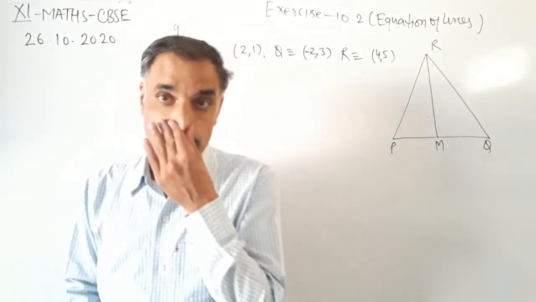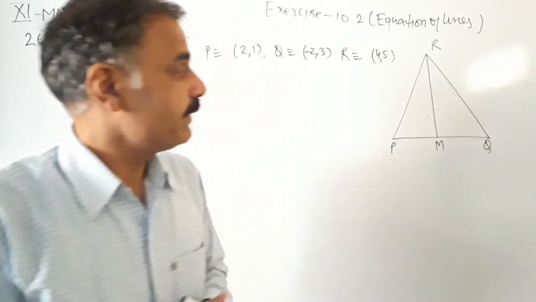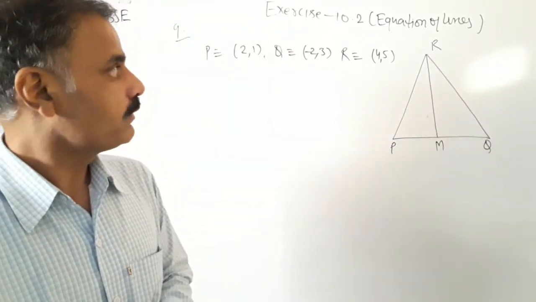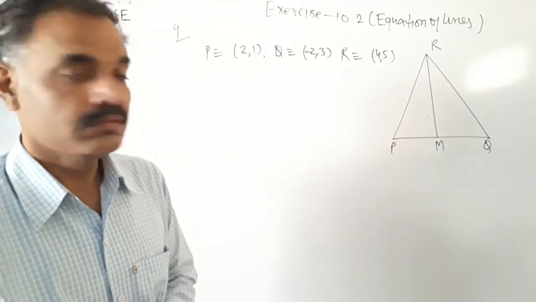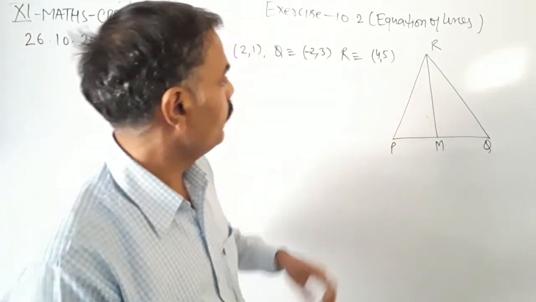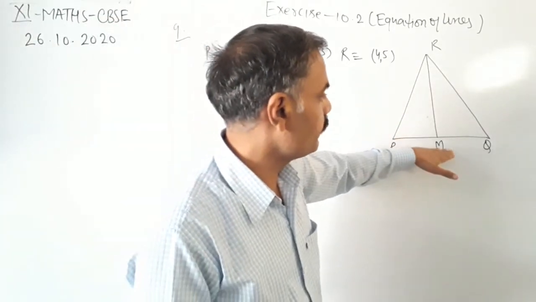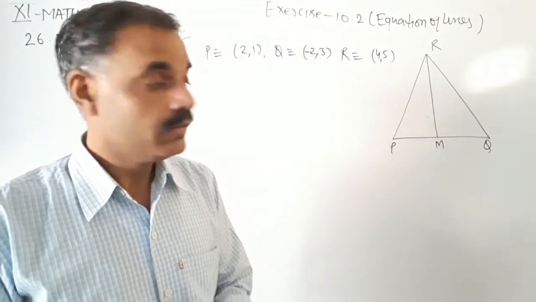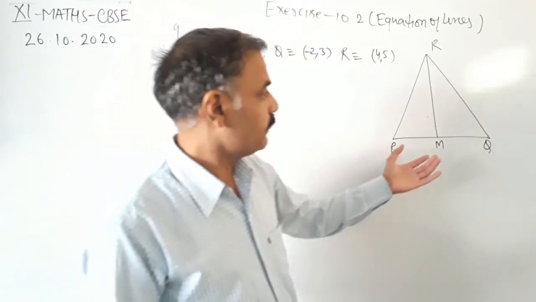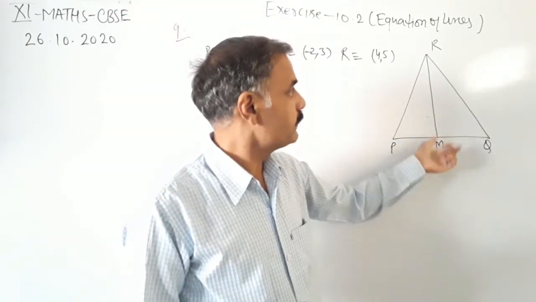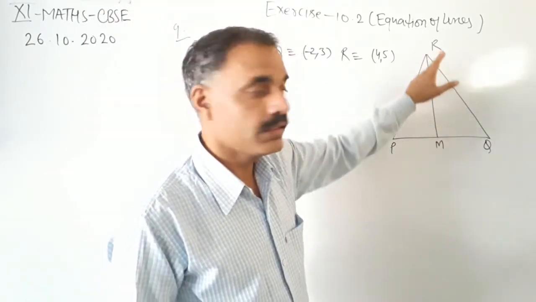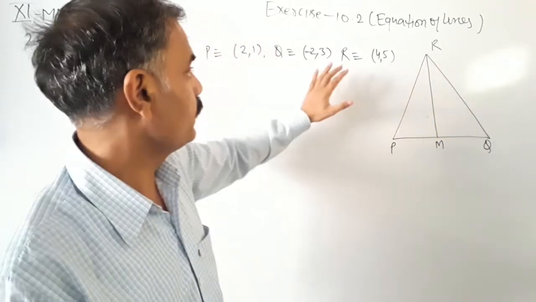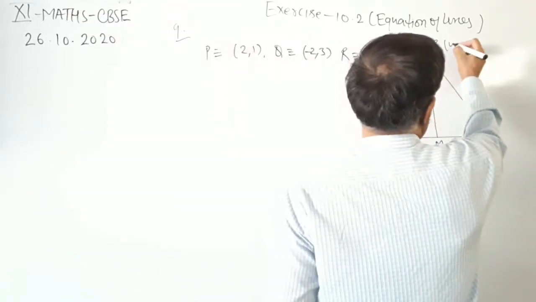We can find RM if we have the coordinates of the point M, because then it is the equation of the line passing through two points, R and M. We know the coordinates of R, that is (4, 5).